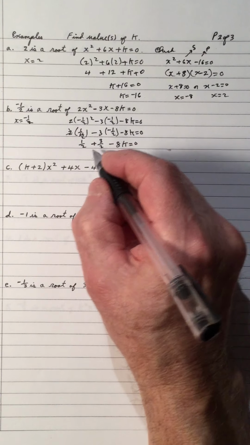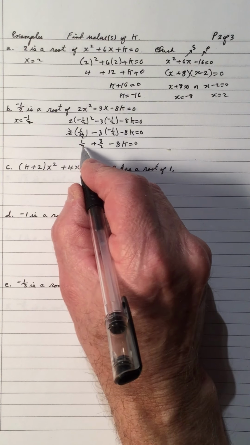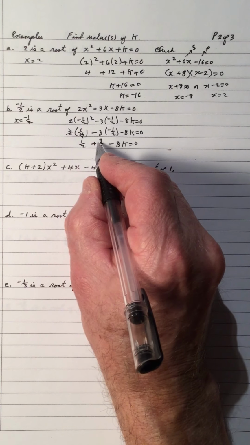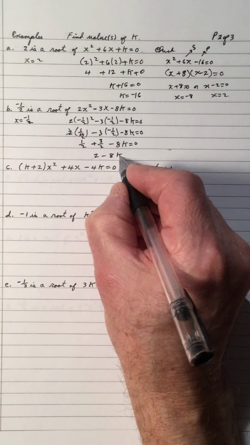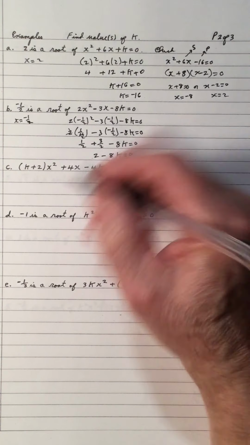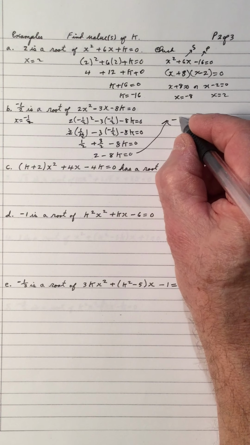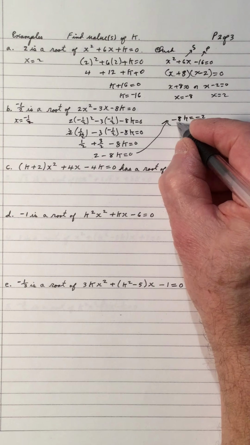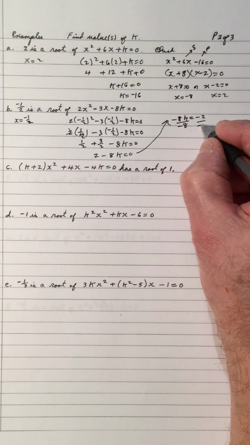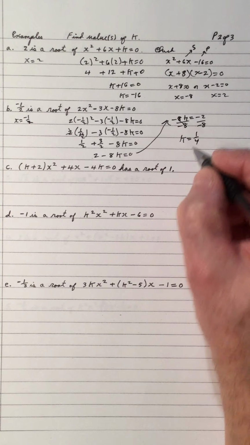Because I have fractions, I can notice that when you add these, the common denominator is 2, so you get 4/2, which is 2. So if we simplify that, we will get negative 8k equals negative 2. Divide by negative 8. And k equals 1/4.